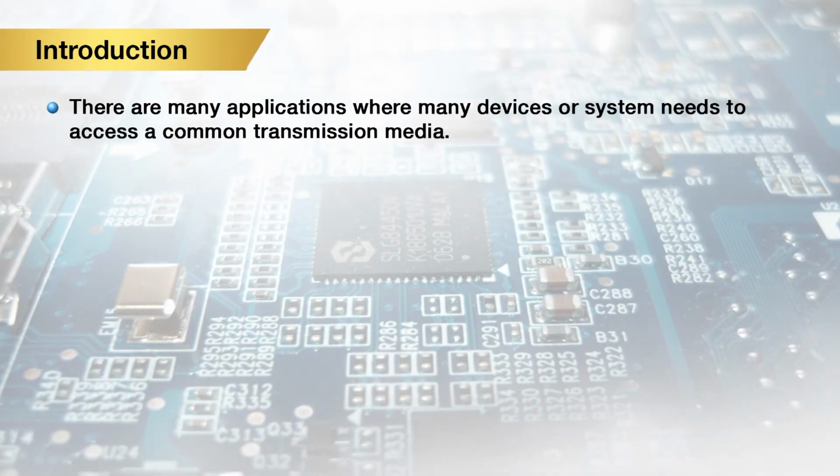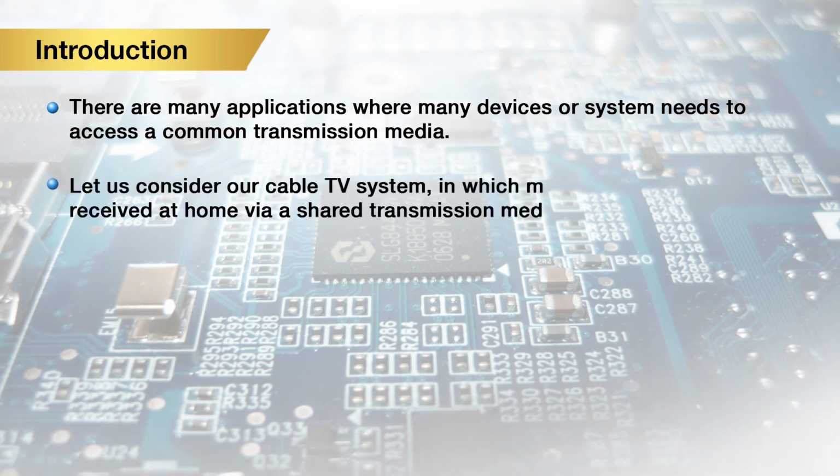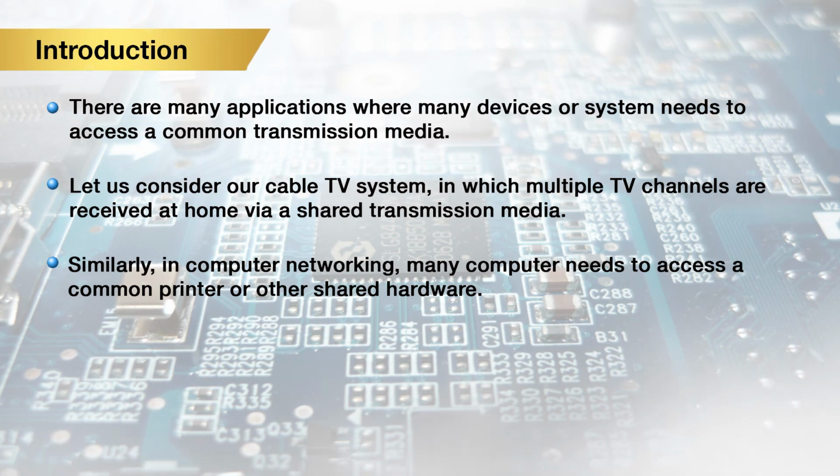So, there are many applications where many devices or systems need to access a common transmission medium. Let us consider some examples. In our cable TV system, multiple TV channels are received at home via a standard transmission medium. Similarly, in computer networking, many computers need to access a common printer or other shared hardware.